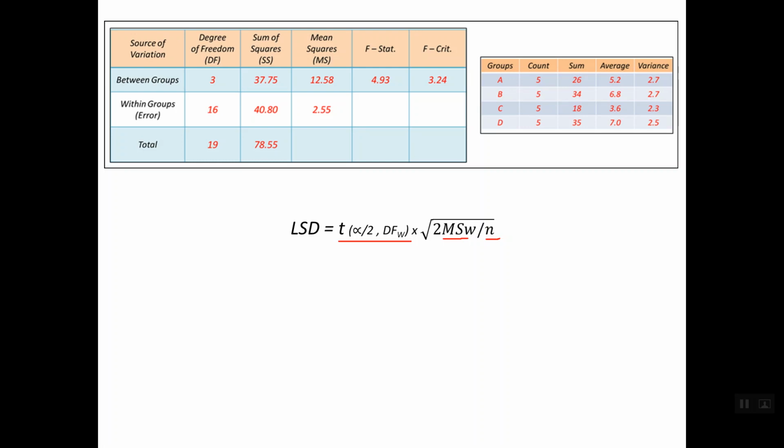The mean square within is already calculated in the one-way ANOVA table. It is 2.55. And regarding the value of n, which is the sample size for one group, it is 5.